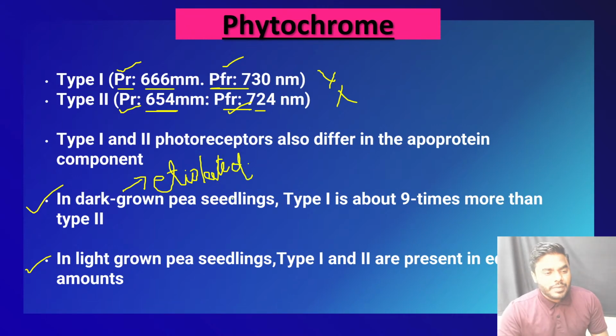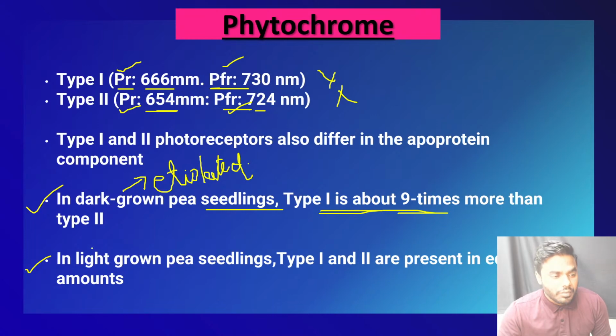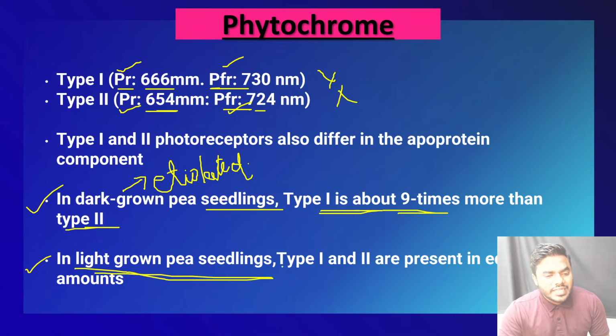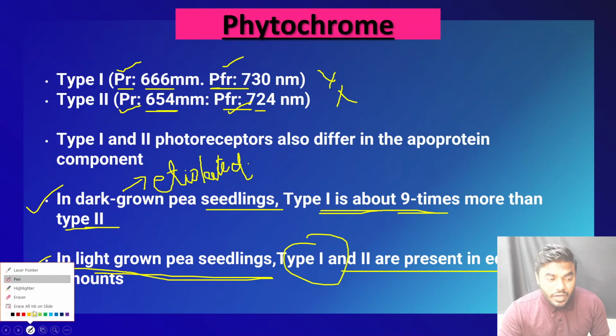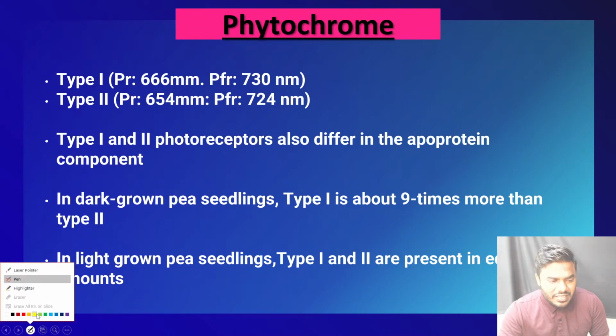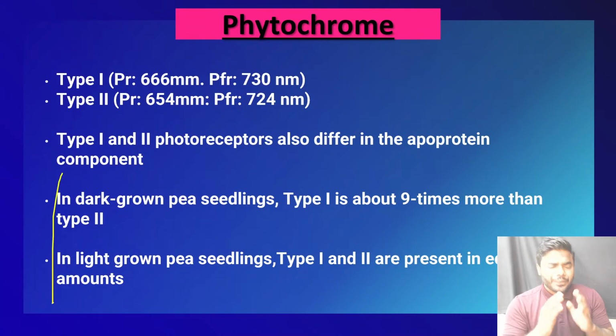In dark grown or etiolated pea seedlings, type 1 is about 9 times more than type 2. Don't forget the statement. In light grown seedlings, type 1 and type 2 are present in equal amounts. I want every student to remember these 2 points without fail.